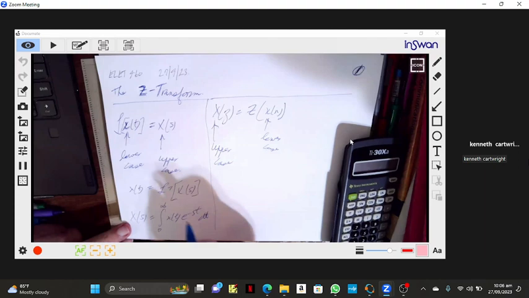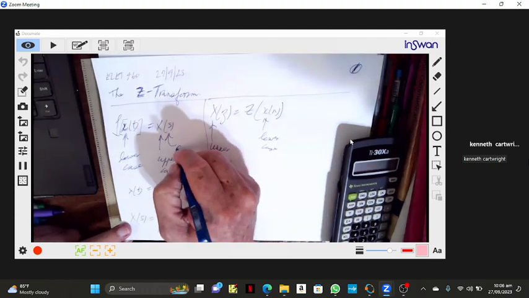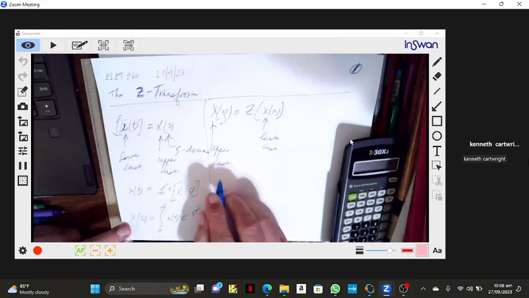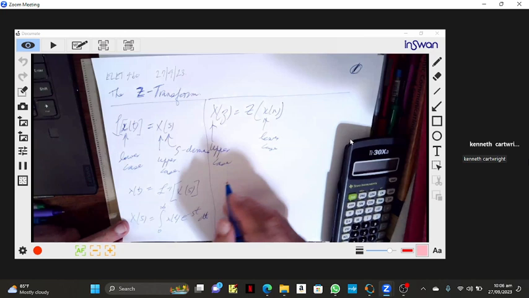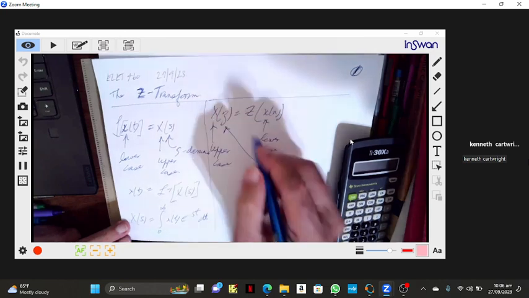So Laplace is in the S domain. The Z transform is going to be in the Z domain.